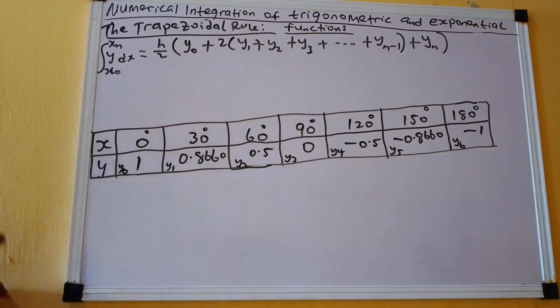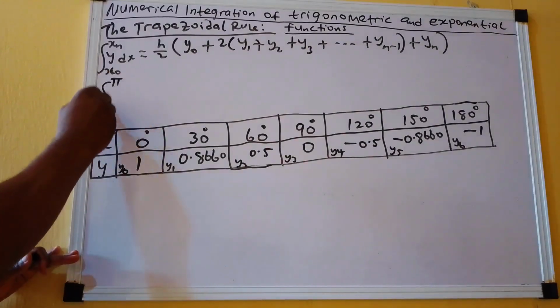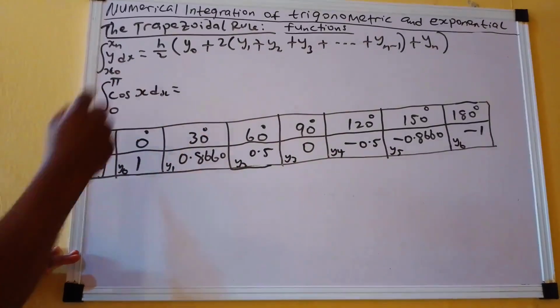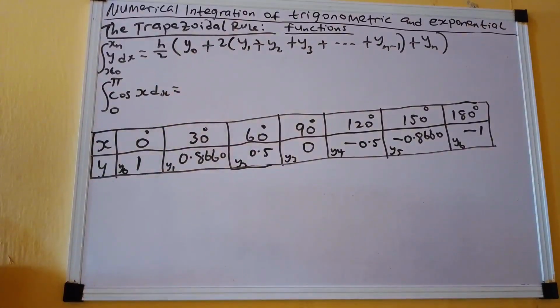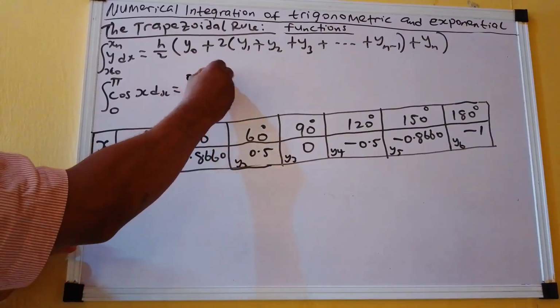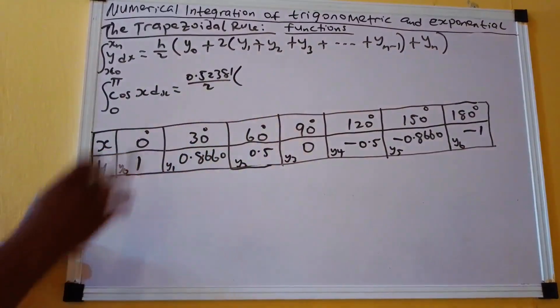Now, using it to carry out that integration, we have the integral from pi to 0 of cos x dx, and that will be equal to, now the h again is in radian, and that is 0.52381, so that will be 0.52381 all over 2, in bracket open.